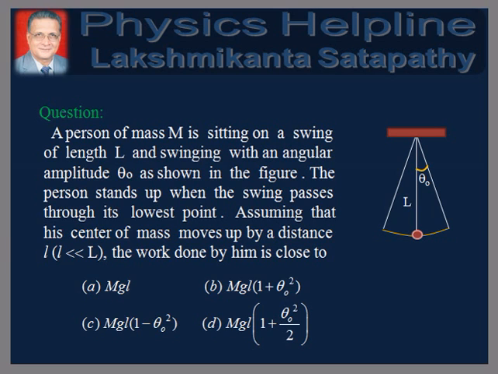The options are mgL into 1 plus θ0 square, mgL into 1 minus θ0 square, and mgL into 1 plus θ0 square by 2.